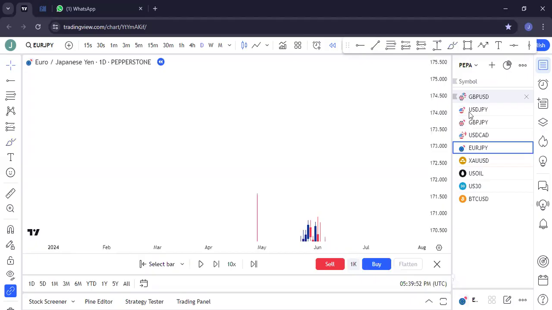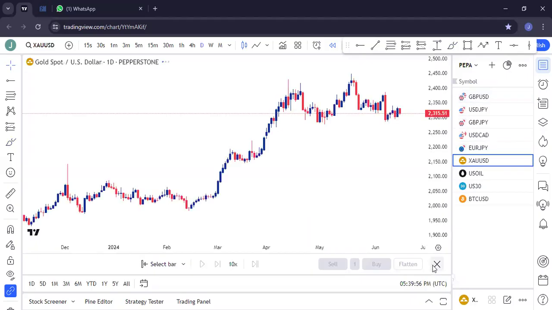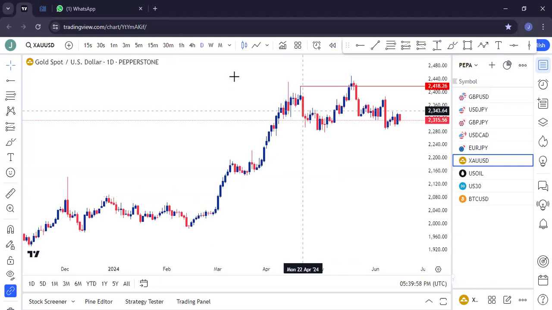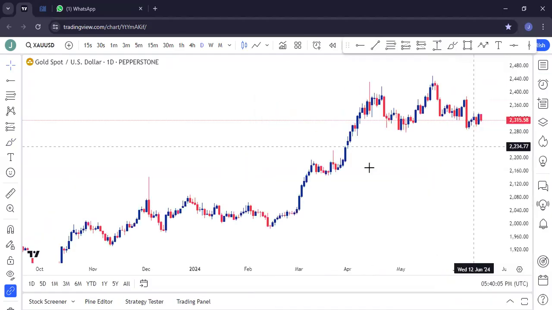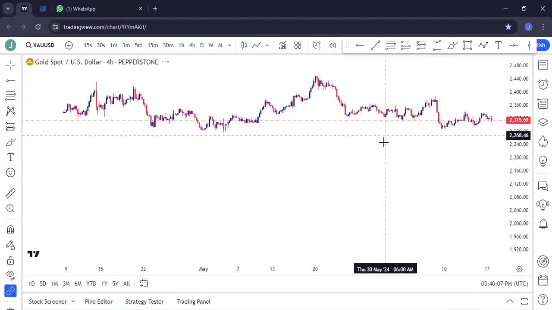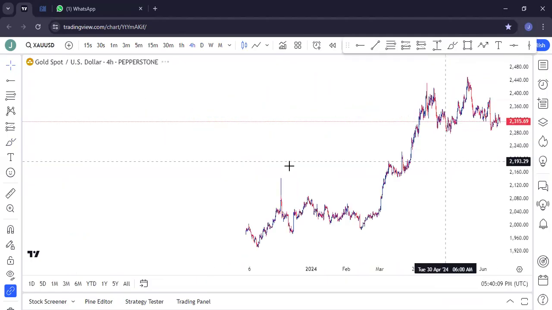So let's find another pair. Let's go to gold and see what's happening. So we are in the 4 hour.